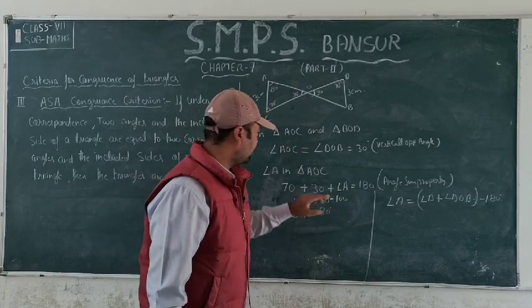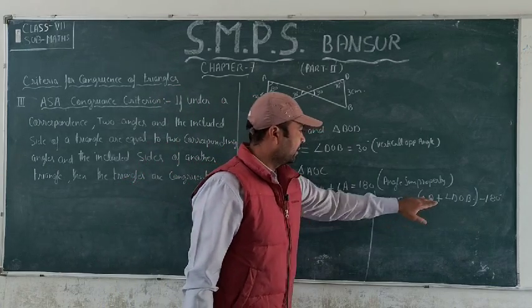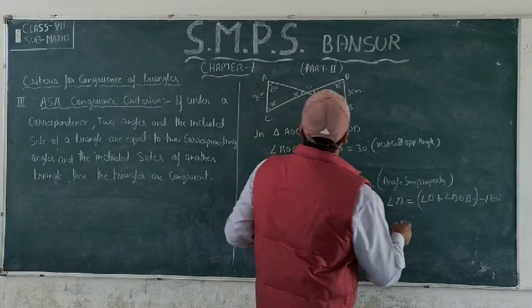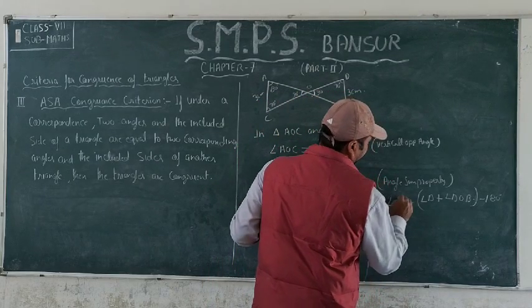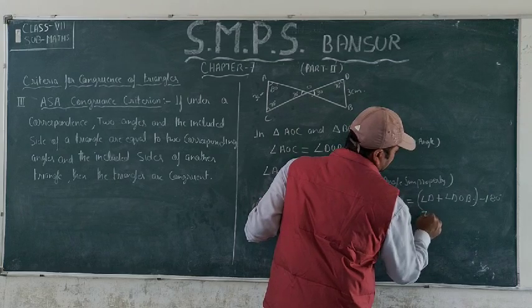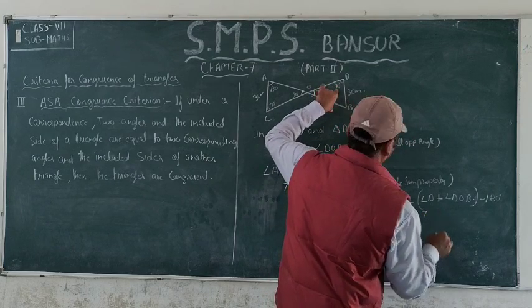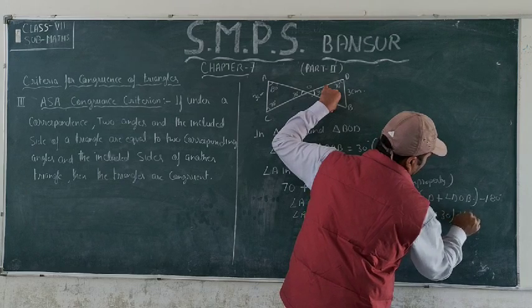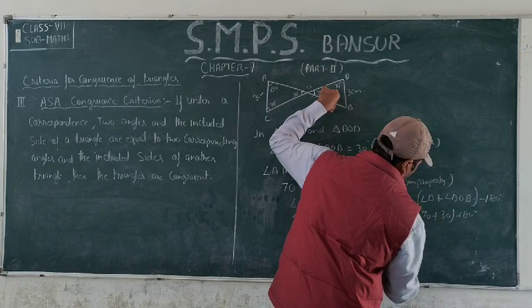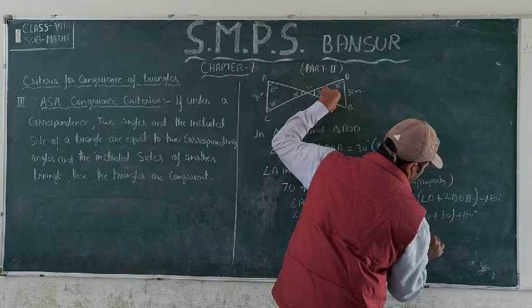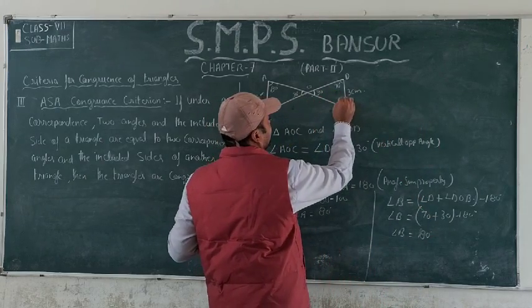I have not written the first step, I have written the second step, directly finding the value of angle B. This is angle D, the value of angle D is 70, 70 plus 30 subtracted from 180. So angle B measurement is 80 degrees. So this is also 80 degrees.